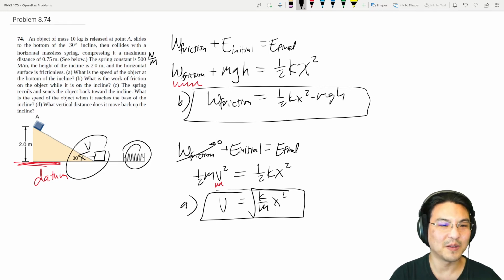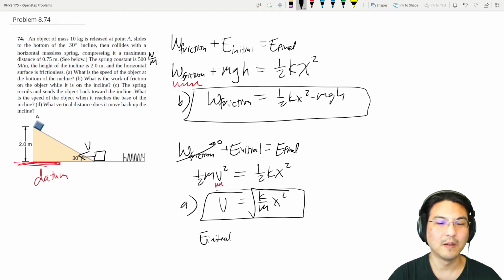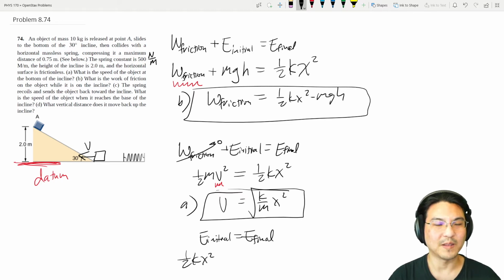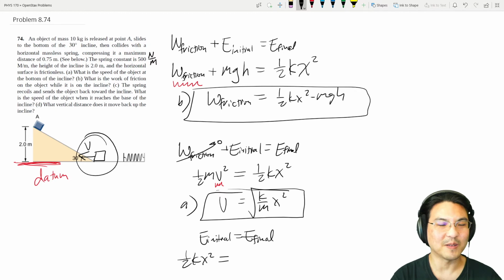From here to here, again, there's no friction, so energy is conserved. How much energy here? That's when the spring is compressed, 1/2 kx squared, and the block is at rest at the datum. And then later on, it's over here going speed v, so that's kinetic energy.